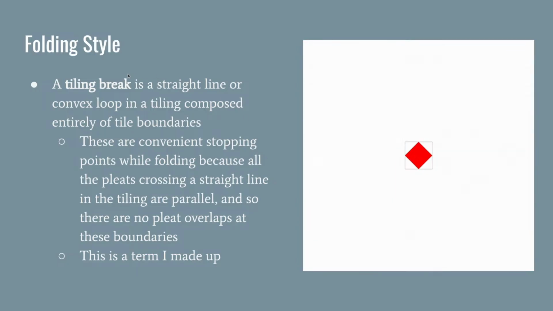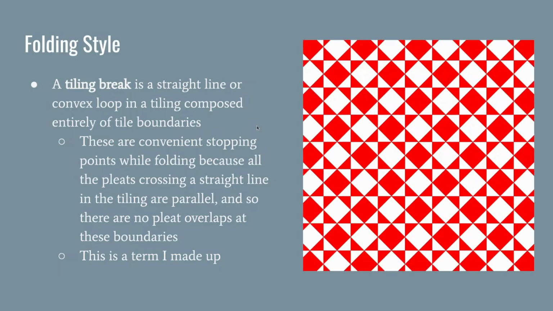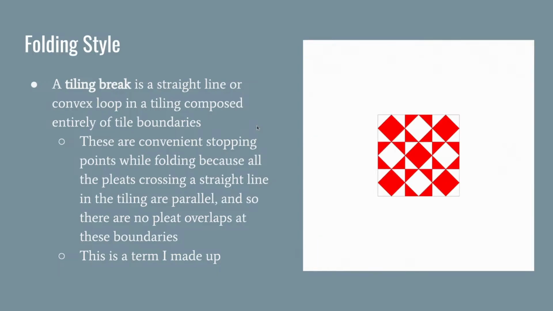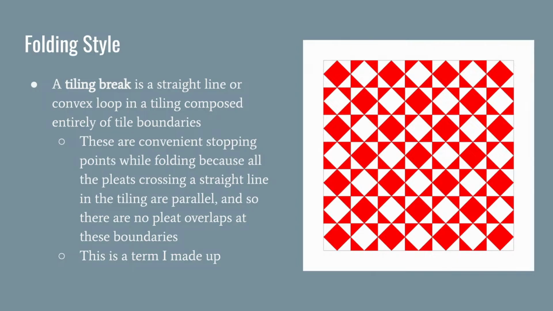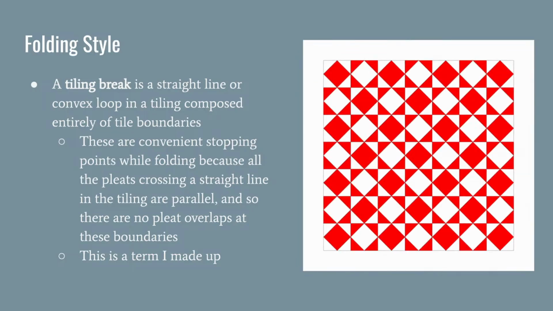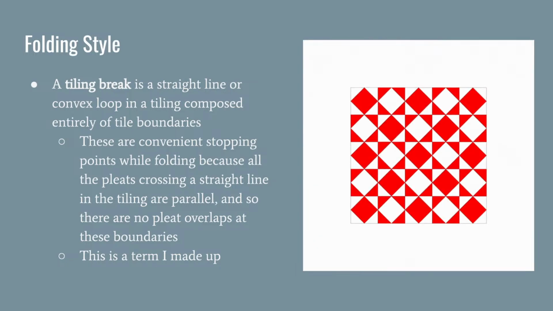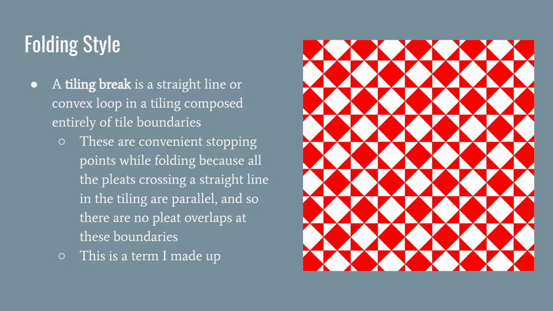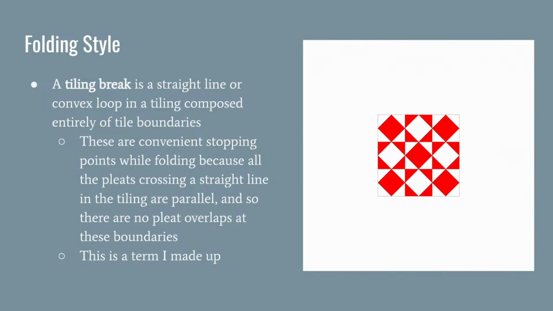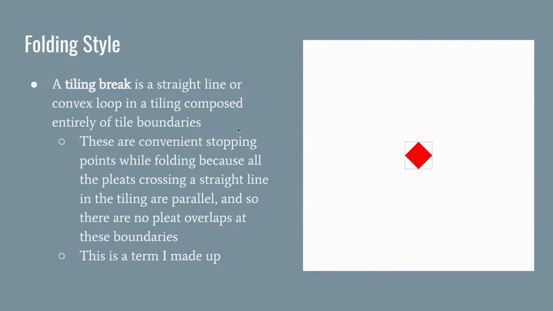So when you stop at those boundaries, you have no pleat overlaps. And this is a term I made up, so it has limited utility in talking to other people, like mathematicians. They won't know what this is, but it's very convenient for thinking about how to fold your origami tessellations.